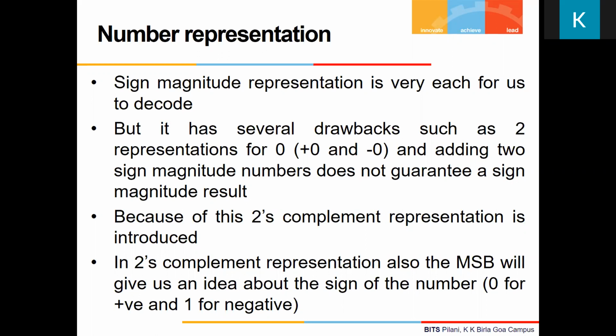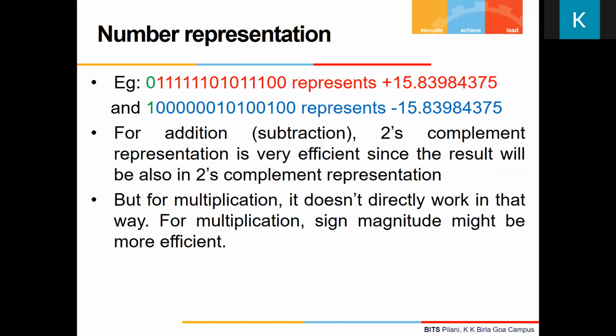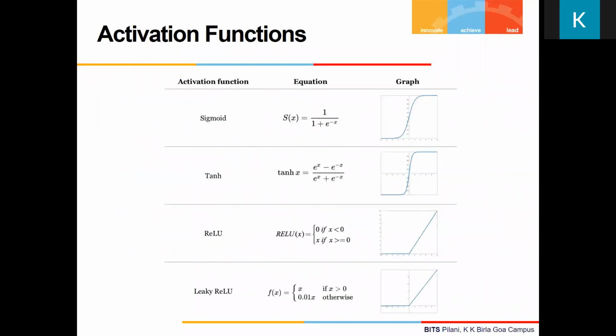The multiplier for normal multiplication is less complex compared to the multiplier for 2's complement, which is basically signed multiplication. So there it might be better to use signed magnitude representation. So that's about number representation.